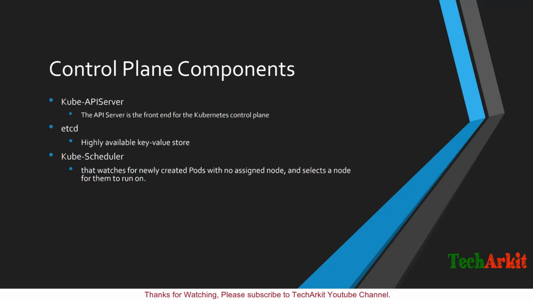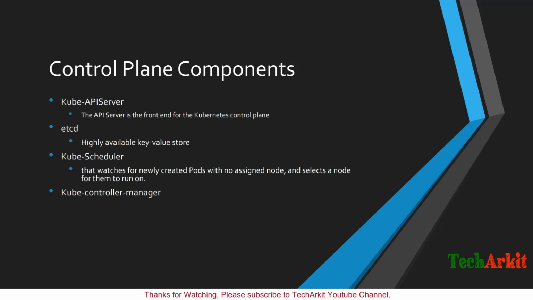The scheduler watches whenever a new pod is created and selects an appropriate node, one that does not have a load or does not have too many pods, and then assigns that pod to that particular node. So that's the kube scheduler, a component which does this mainly on the cluster.